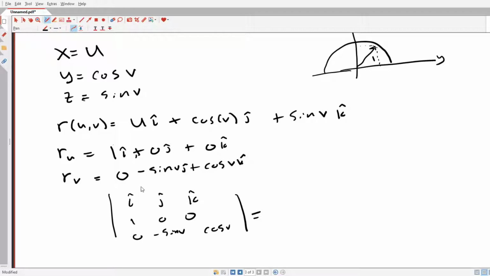If I cross that out, I get 0 minus 0. I cross that out and I get cosine v minus 0, so it's going to be minus cosine v. And cross this out and I get minus sine v minus 0.